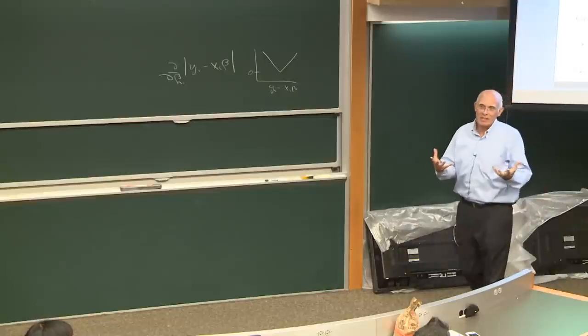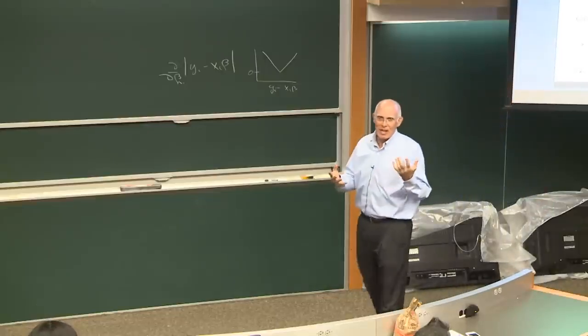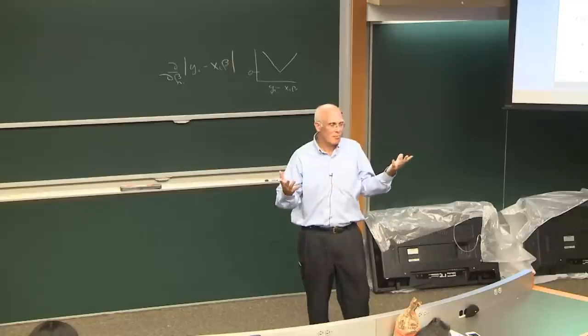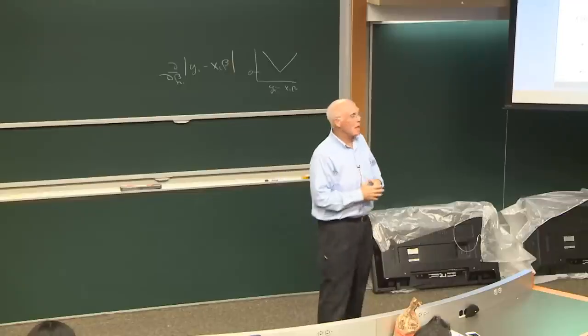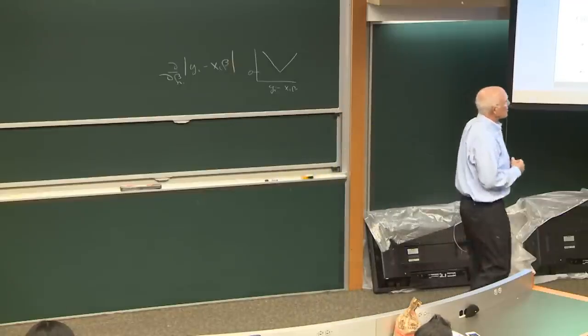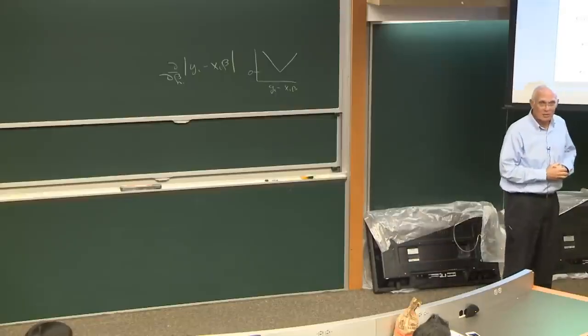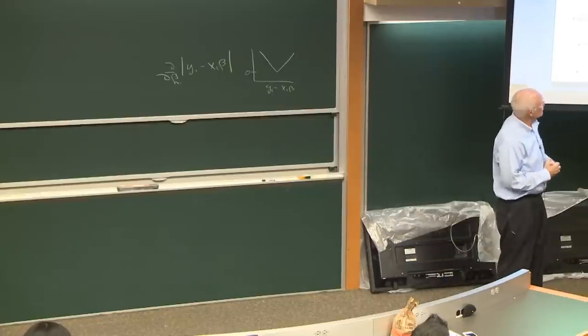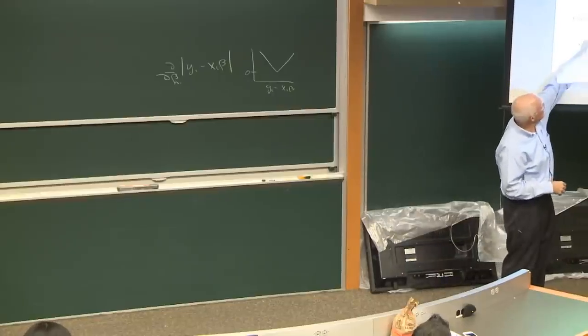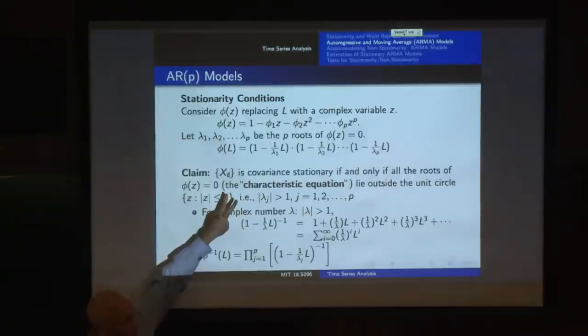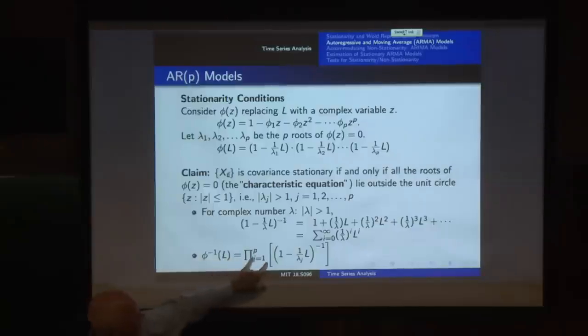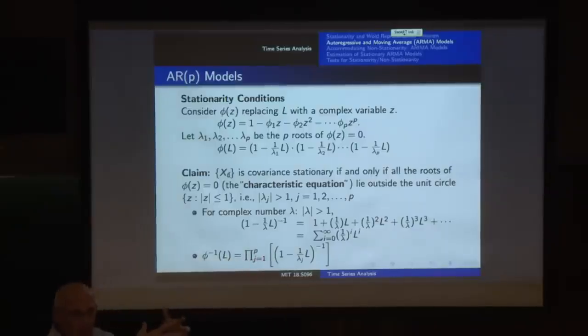And that series will exist and be bounded if the lambda j are greater than 1 in magnitude. So we can actually compute an inverse of phi of L by taking the inverse of each of the component products in that polynomial.